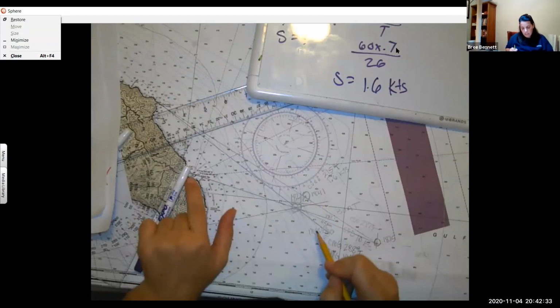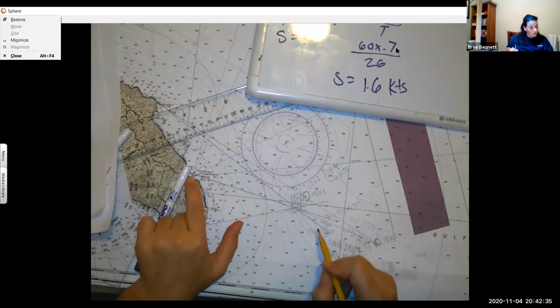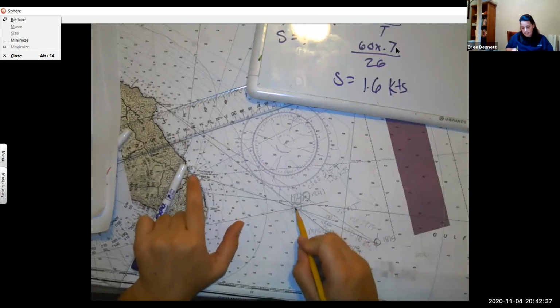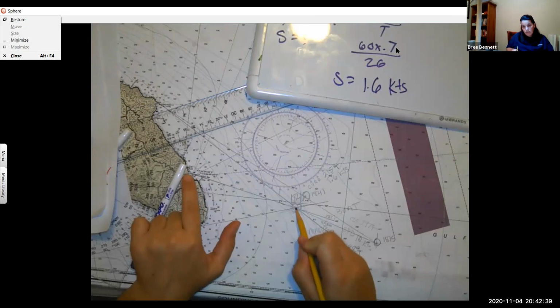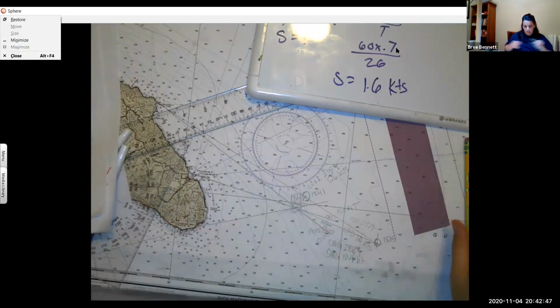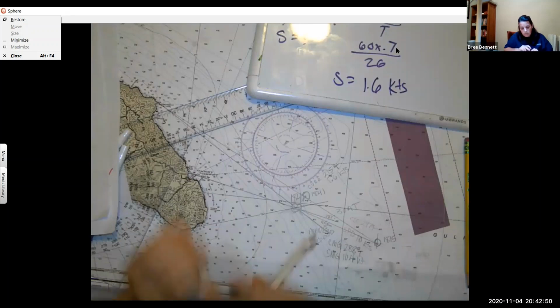So I'm going to go with that as our course. And then we want our distance. So I'm going to get the distance from my 1841 fix to the entrance of Avalon right there. I think my dividers will reach.